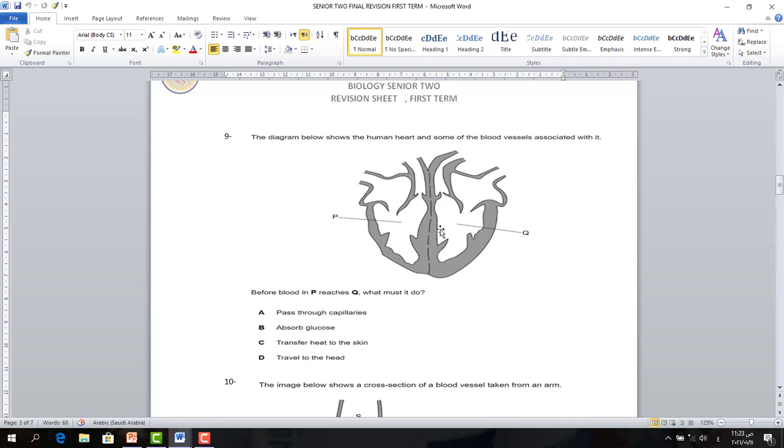From B, the right ventricle pushes through the pulmonary artery to the lungs, then back again by the four pulmonary veins to the left atrium, then from the left atrium to the left ventricle. So it must pass through capillaries, absorb glucose, transfer heat to skin, no. Travel to the head, no. So it must pass through blood vessels and capillaries, yes.